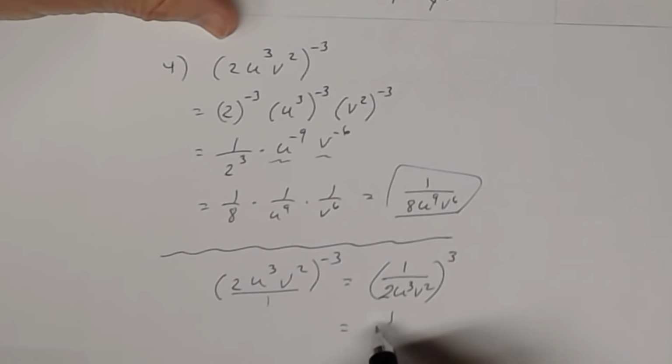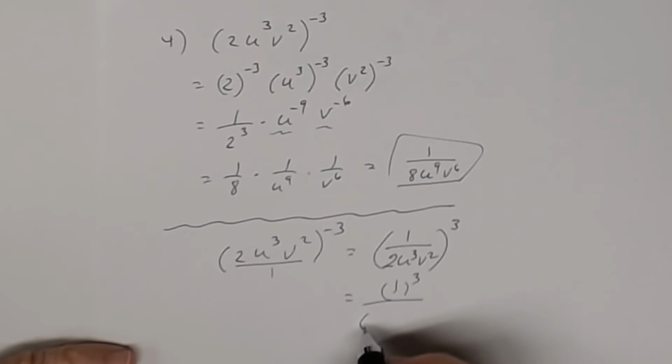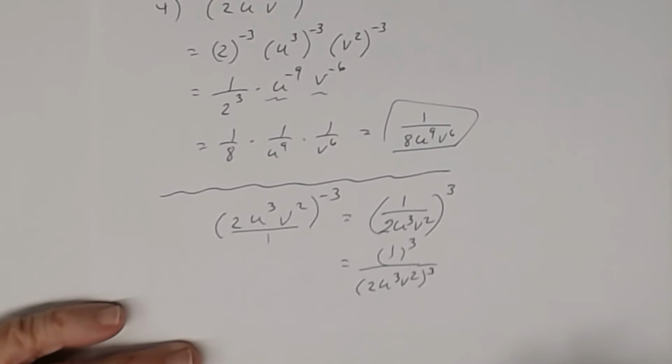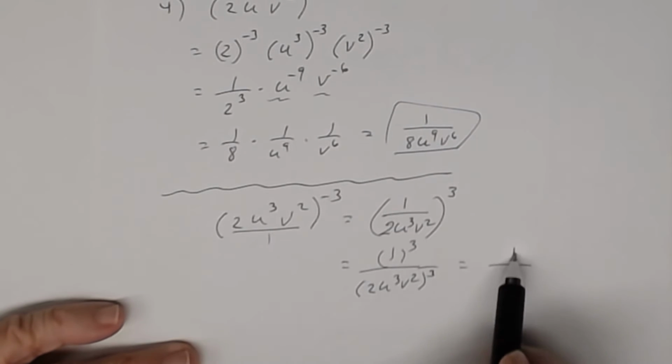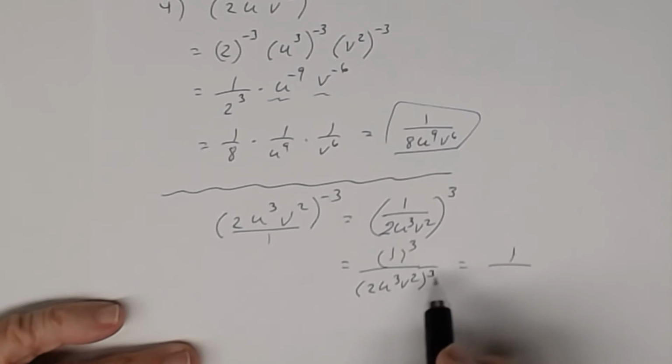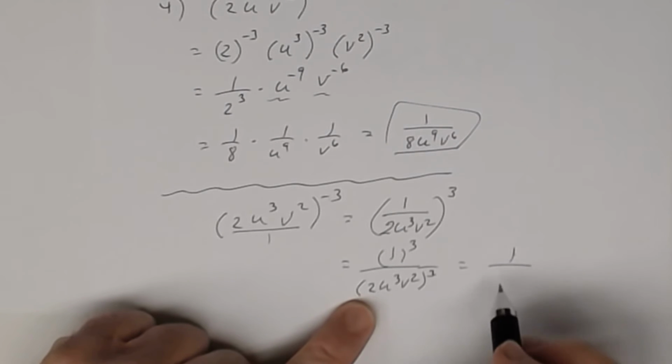So I get 1 to the third power. Remember, for the power of a quotient, you take the numerator raised to that power and the denominator raised to that power, divided by 2u cubed v squared to the third. All right. Now 1 to the third is 1. And then now you have a power of a product, right?